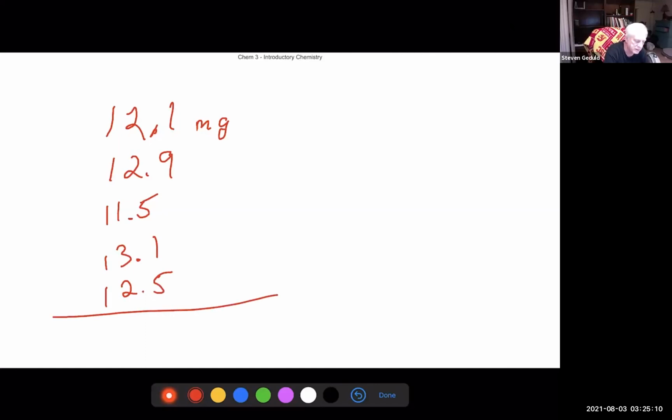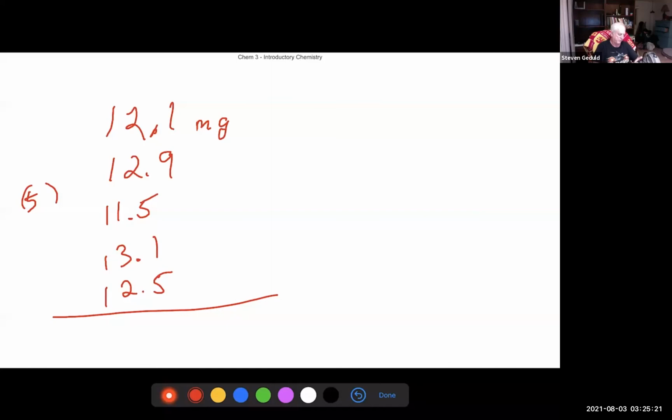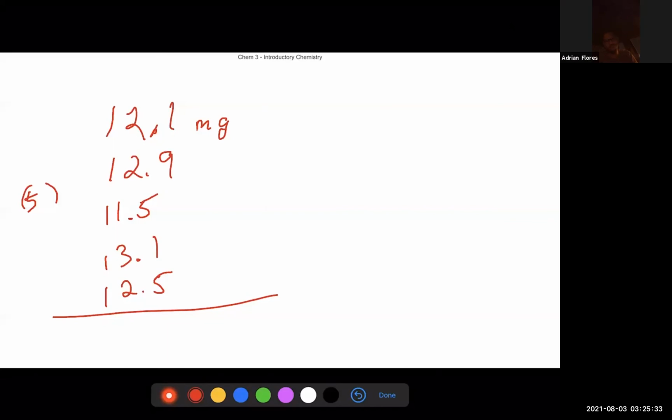So for the average concentration, we add them up and then divide by 5, the number of our samples. So we add those up: 12.1 plus 12.9 plus 11.5 plus 13.1 plus 12.5 equals 62.1.